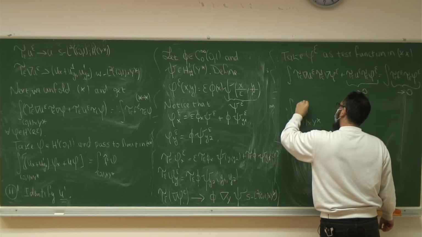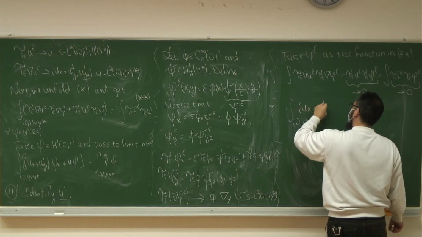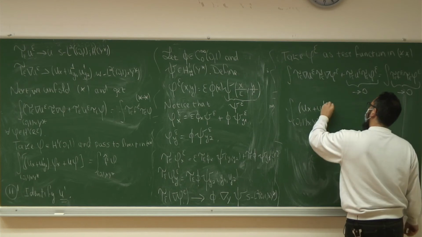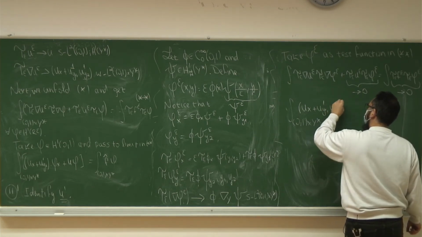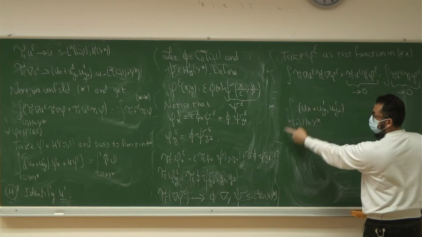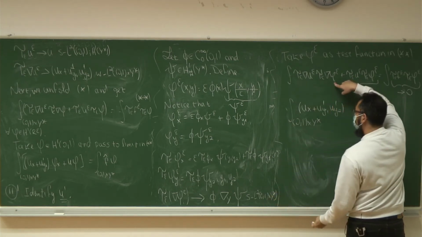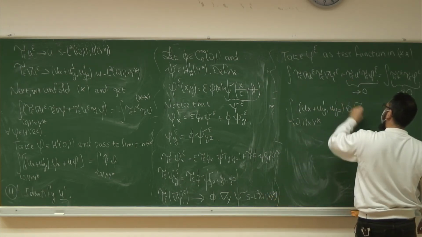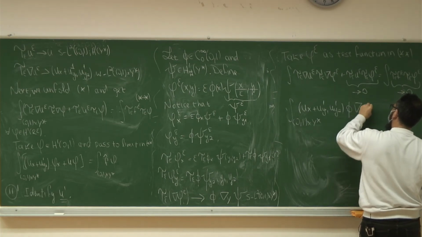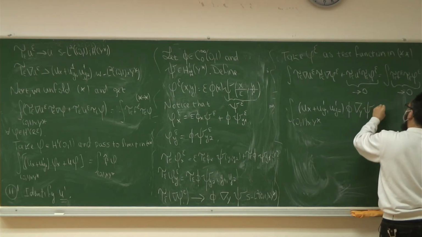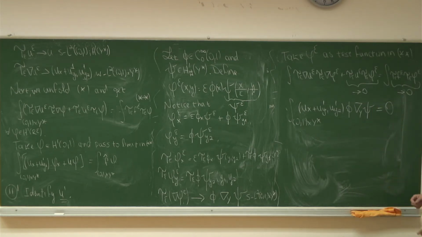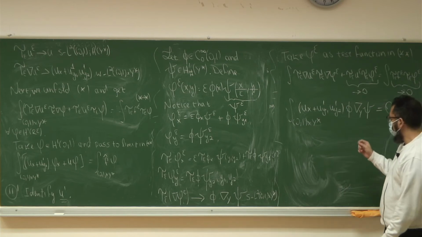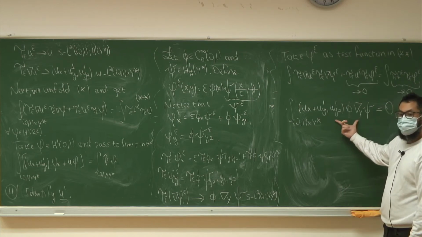So we have the U_x. So here we just take this convergence below. We will have the phi, the gradient of psi here, which will be equal to 0. So this, if you recall, for you who know a little bit of homogenization, this is the corrector equation somehow.